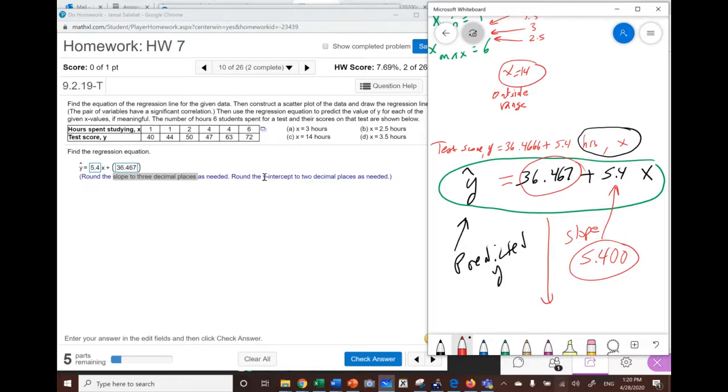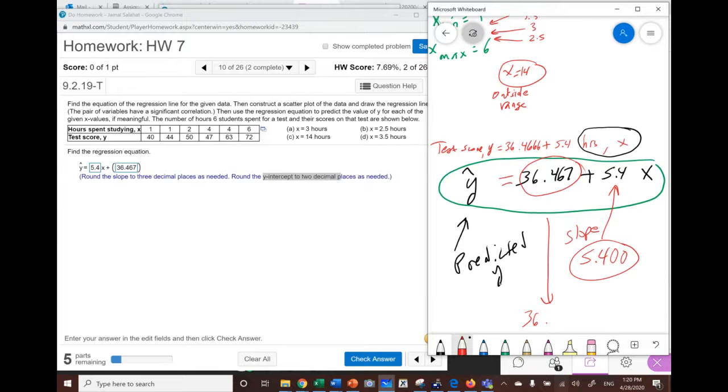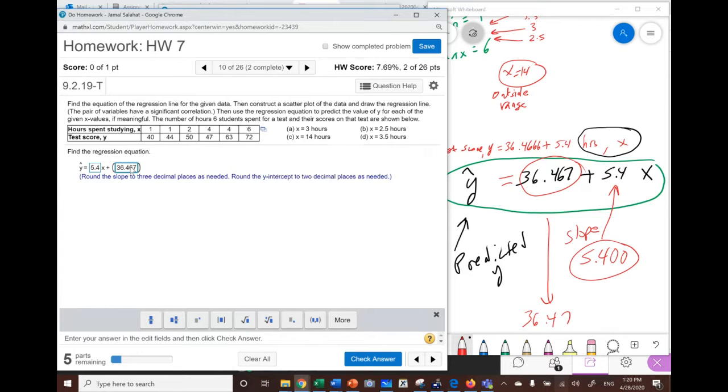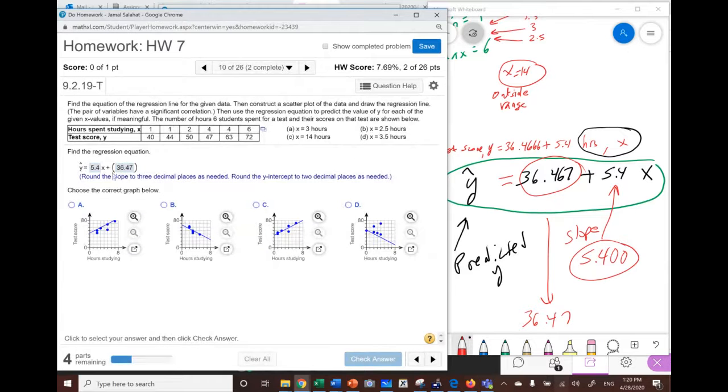They say in here, round the y-intercept to 2 decimal places. So that number, we want it to be only 36.47. We don't want 3 places. That is just something they are trying to be clever with, and they added that. So that is, again, when you do the homework, just pay attention to that. They want you to make 2 different roundings in here.